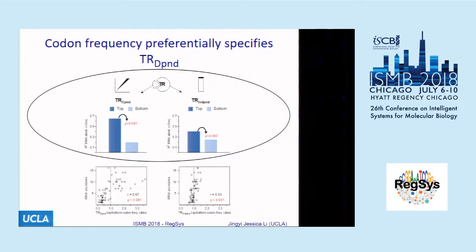This is an analysis we conducted because the codon frequencies are expected to be correlated with tRNA abundance, since they are the materials to translate into amino acids.